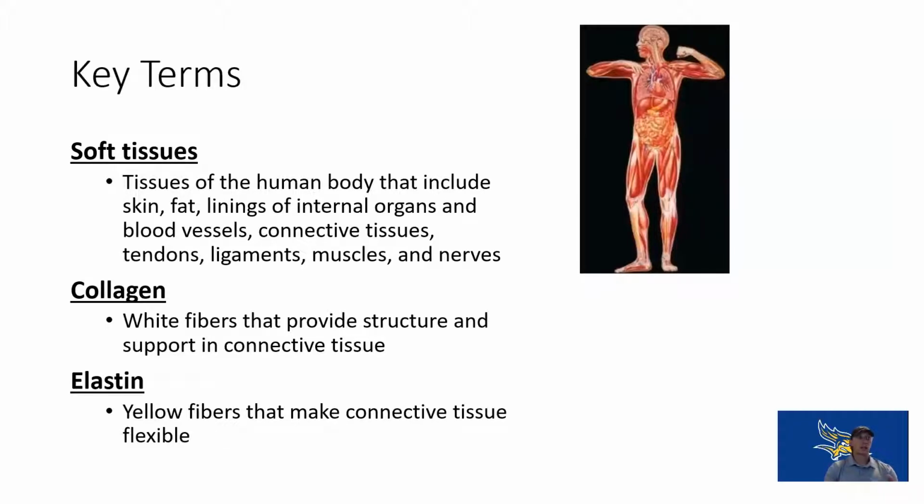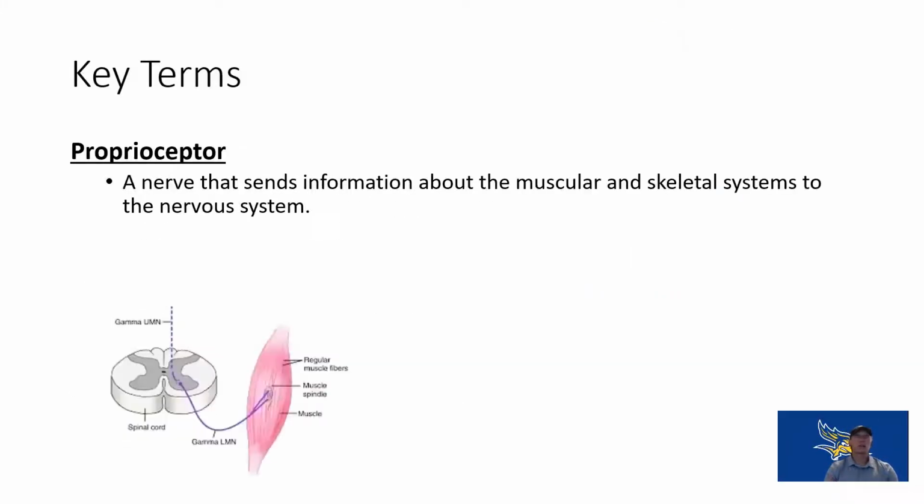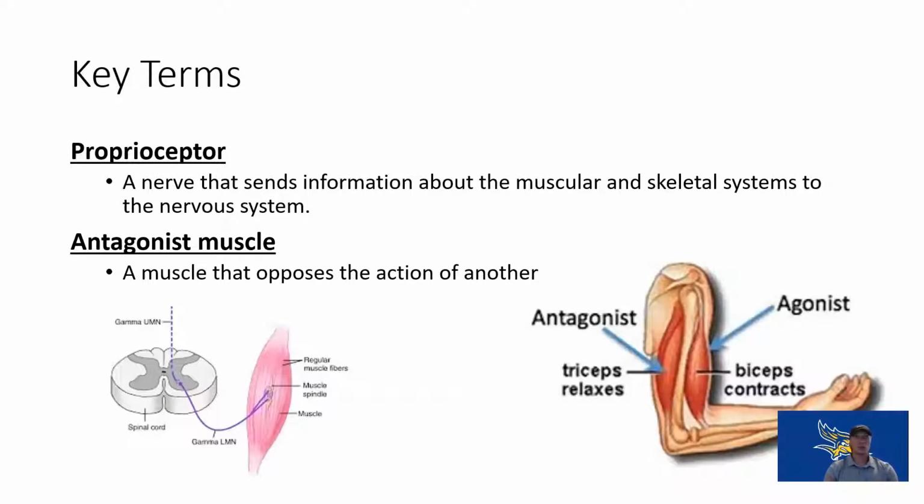Within those connective tissues that support the joint, like the ligaments, which connect bones to other bones, they have compounds called collagen and elastin, where collagen creates structure and elastin allows some flexibility and pliability within that tissue, so that ligaments aren't too stiff, but they're not overly flexible. So they're just enough to stop range of motion when we don't need it and keep that joint solid and intact.